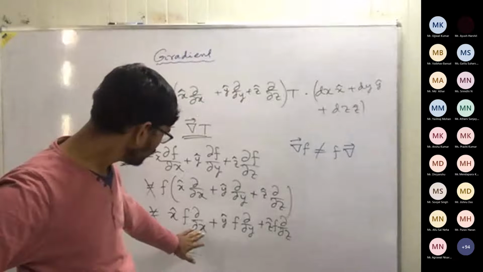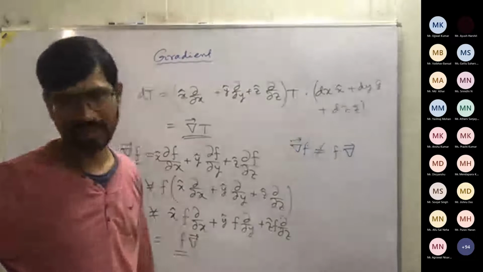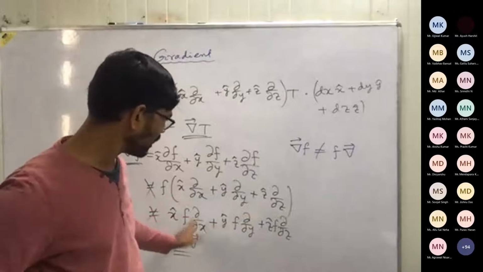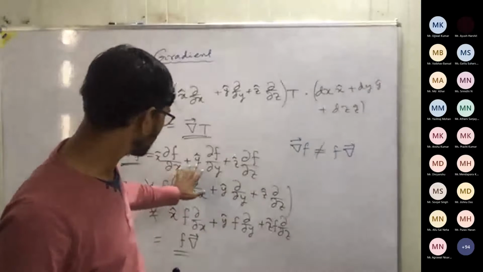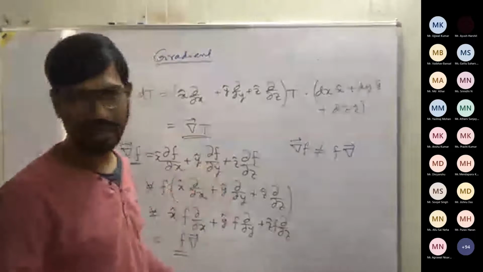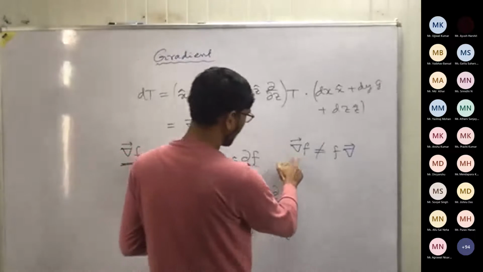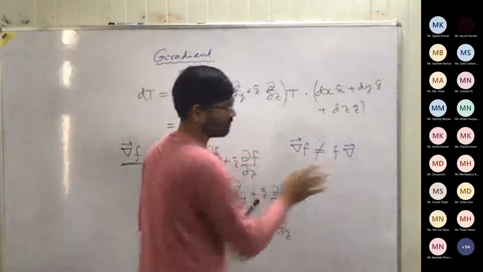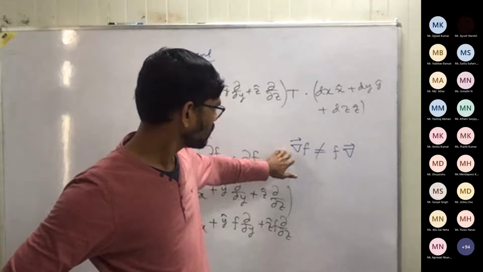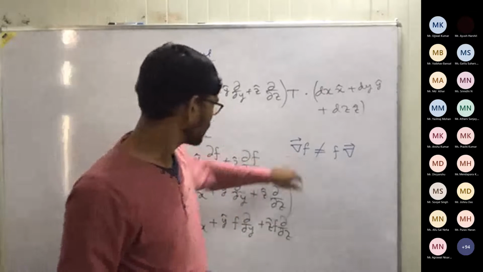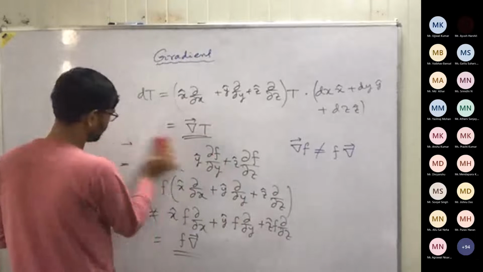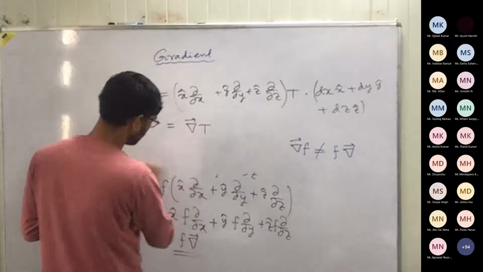On the other hand, here it is an operator, so if you multiply a function on this, then it will operate. Here the differentiation is done, so it is not an operator anymore. That's why grad f is not equal to f grad, although they are both vectors. This grad is the gradient, basically the del operator. I'll now tell the physical significance of gradient.